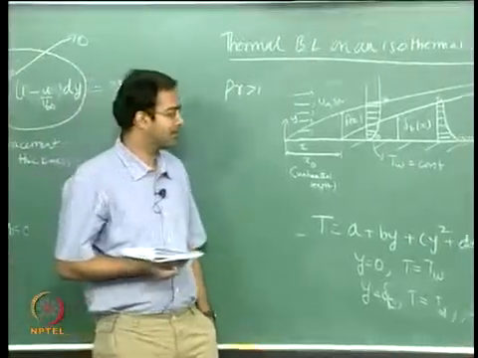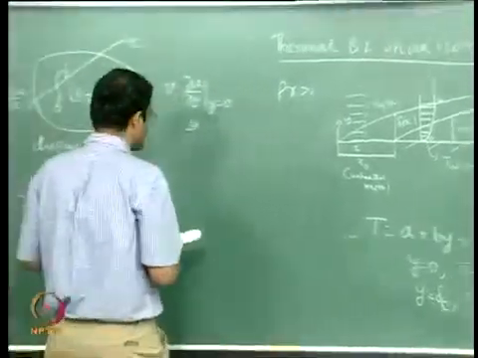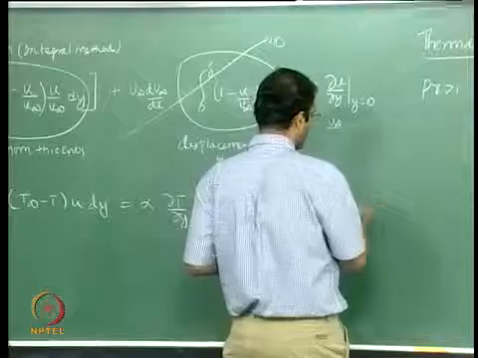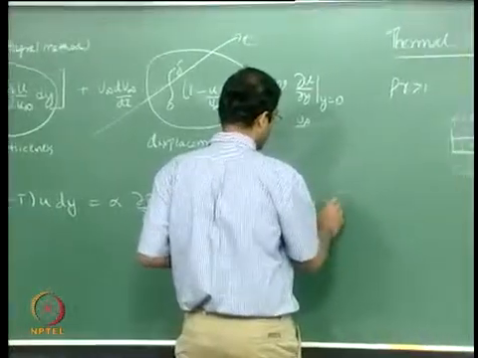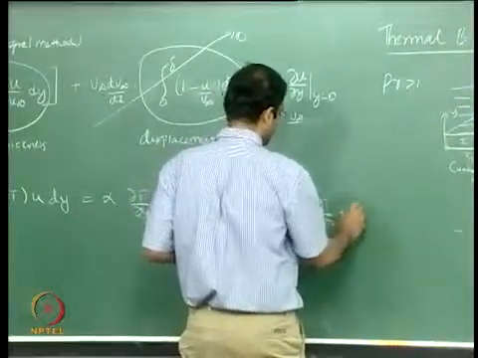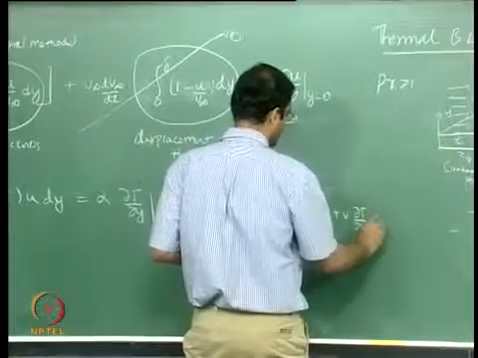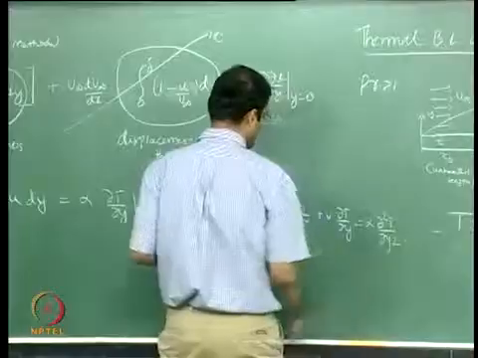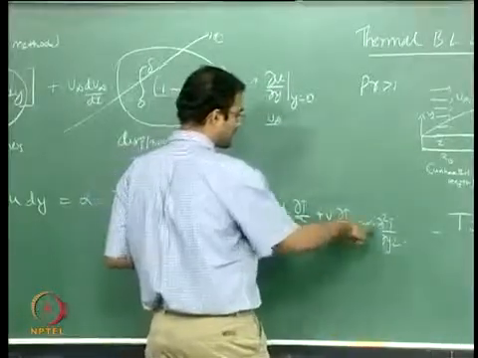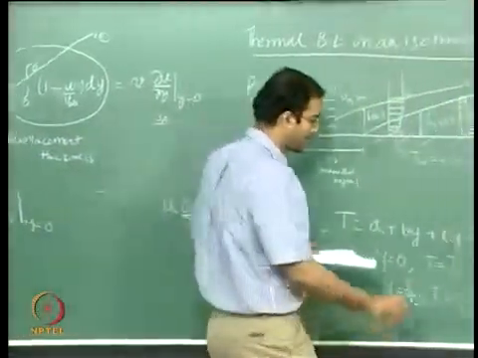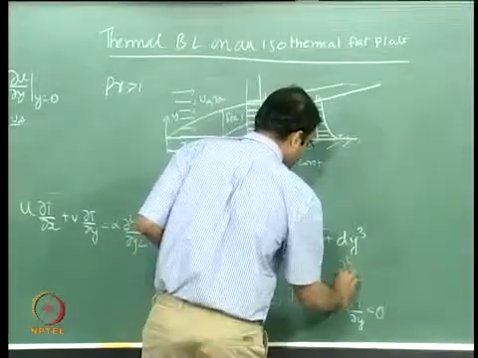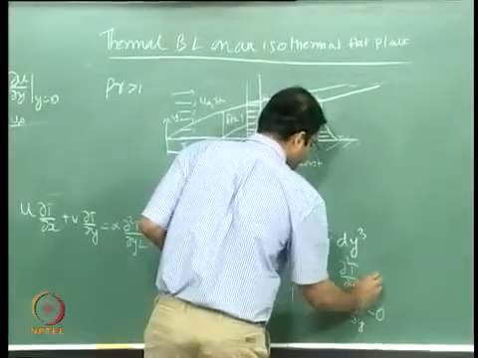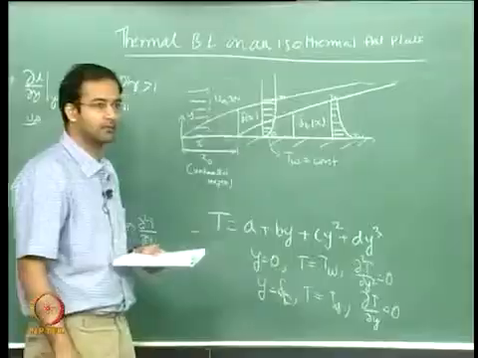The same way that you did for momentum, if you look at the energy equation, if you don't include the viscous dissipation term, then at the wall these are 0, therefore d square T by dy square has to be 0.